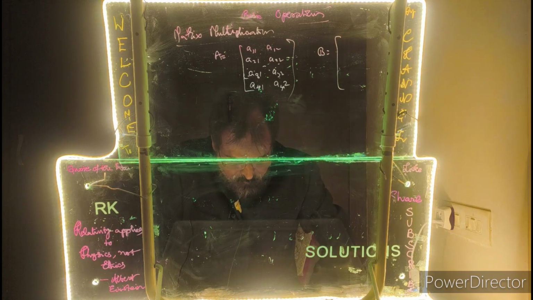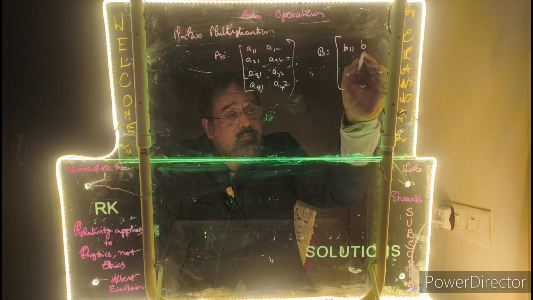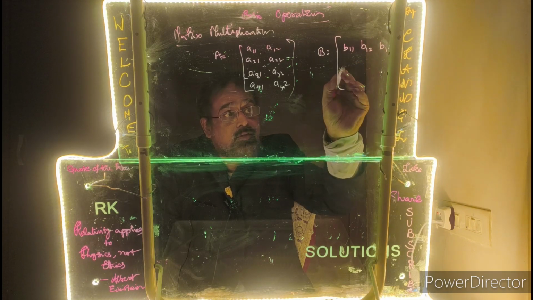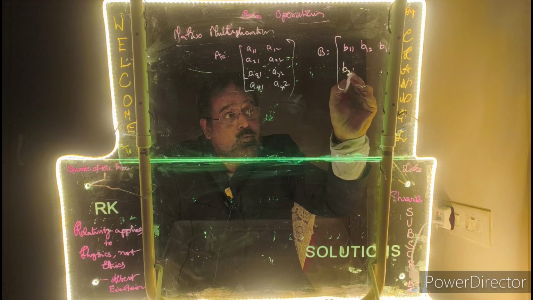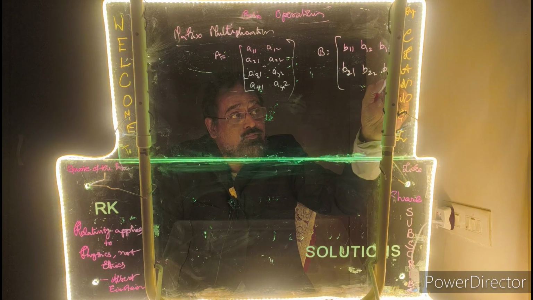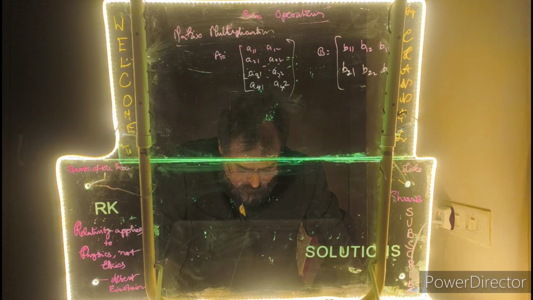B is B11, B12, B13, B21, B22, B23, let's say.